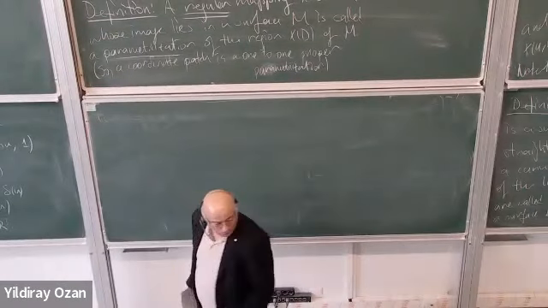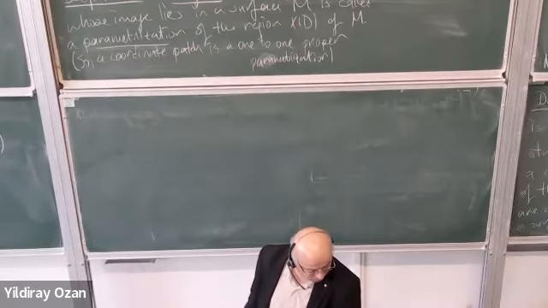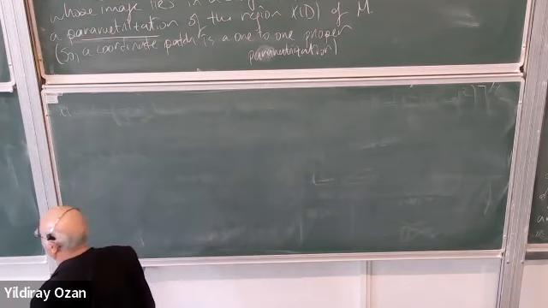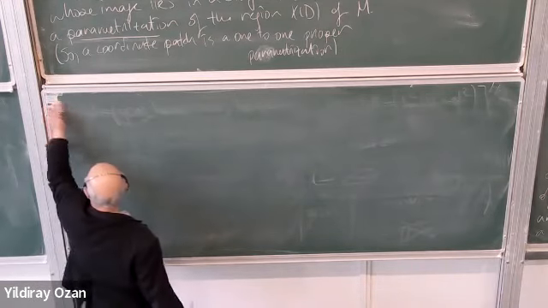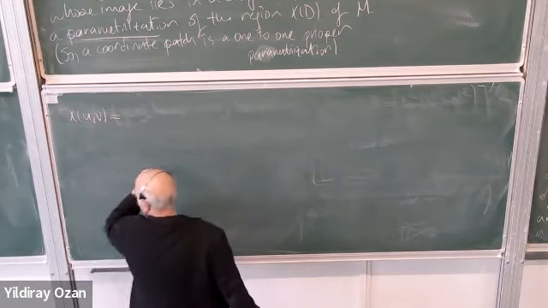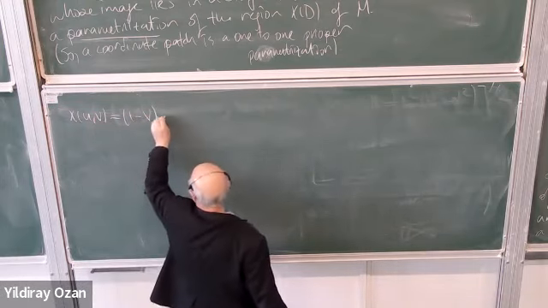So what is x sub uv? X sub uv is just 1 minus v times beta u.